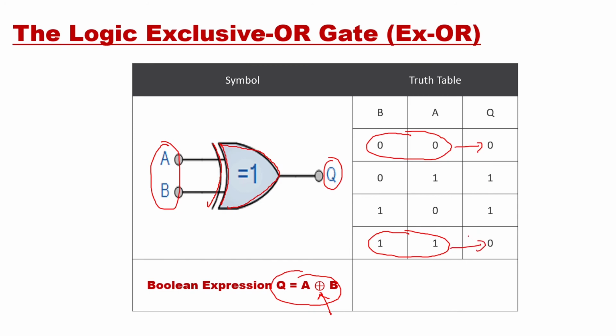In that case, the output is 0. Similarly, when the inputs are different, the output is 1. If you have this kind of logic relationship between input and output, then it is called XOR.